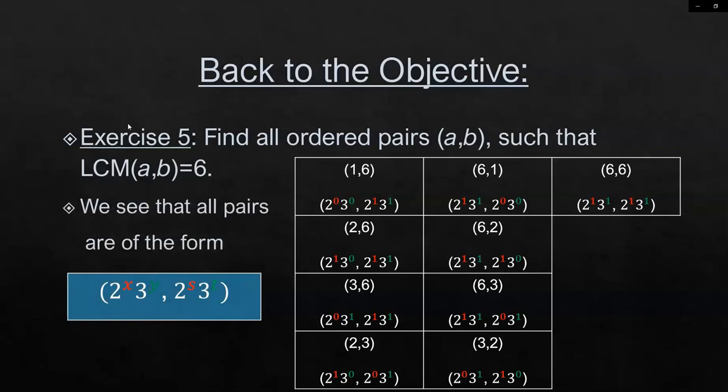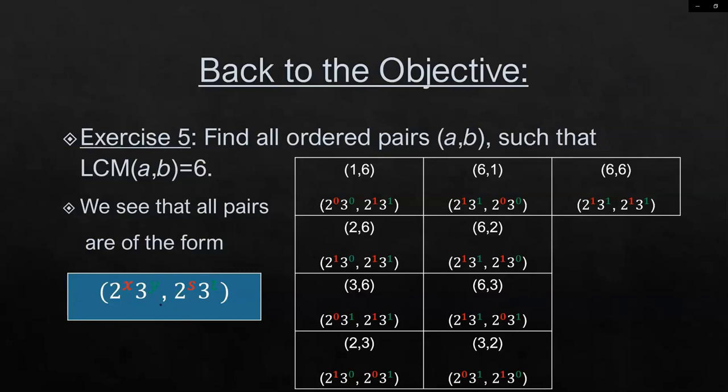So all of them can be written in the form 2 to the x power times 3 to the y power, comma, some power of 2 times some power of 3, comma, some power of 2 times some power of 3, all of them. And we have to see where the 2 and 3 come from, and why is this true? Why does this happen? And how can we use it?